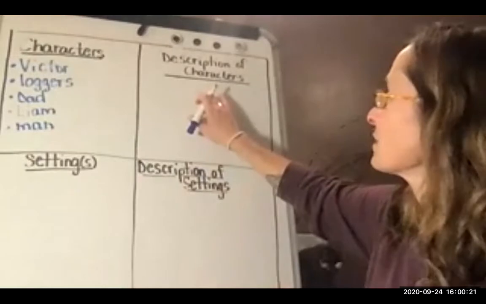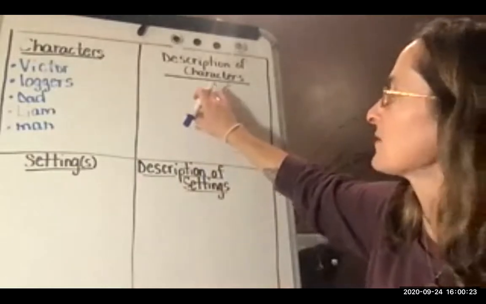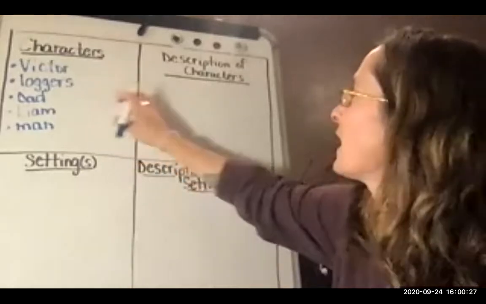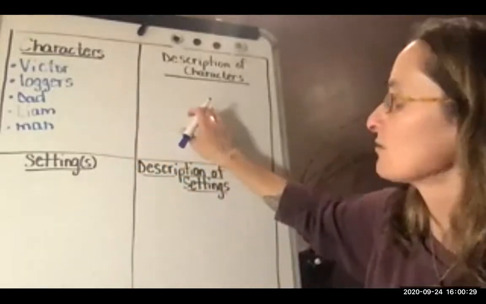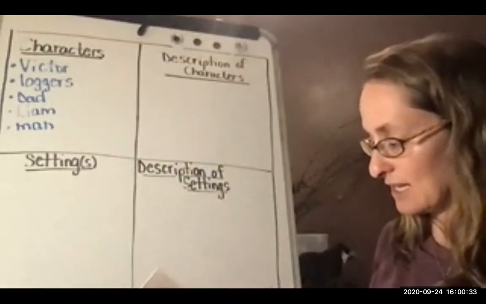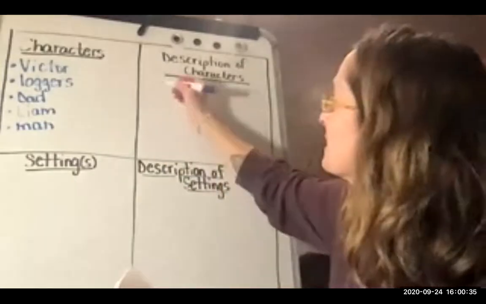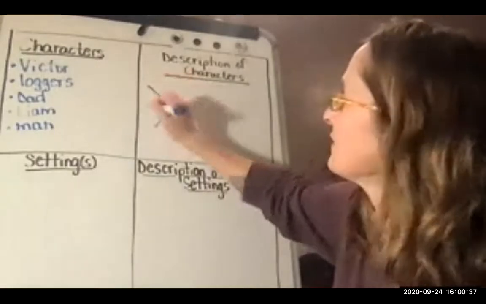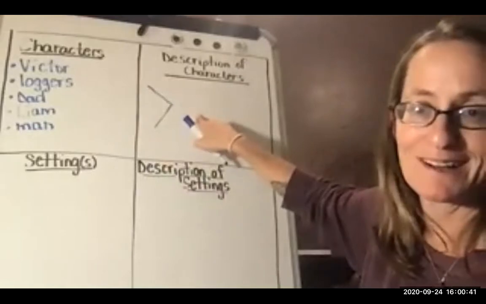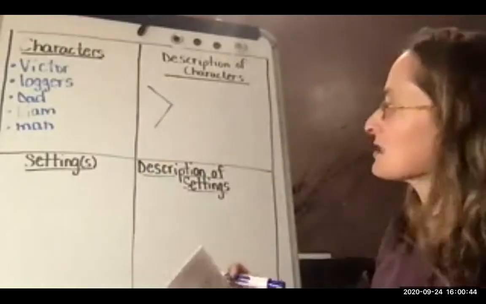Then I've got description of characters. So when I think about that, there's not a lot of space here, but when I think about how I might describe these characters, so when we think about Victor, I know because Victor said, or actually let's go with Dad. So it's hard to take all these characters and write descriptions of all these characters, right? So I guess I'm just going to pick a couple of them.